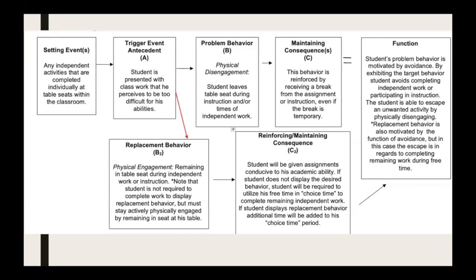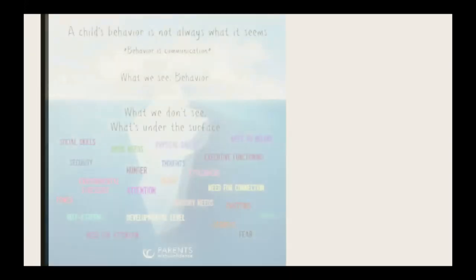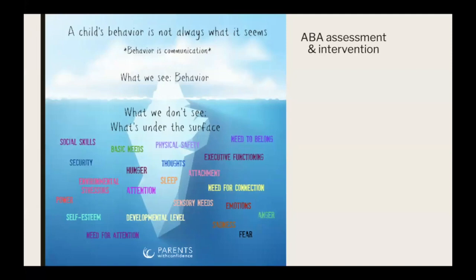That's a behavior we're working on. And then the reinforcement will be that we'll provide assistance and we'll provide work on the student's level. We'll allow them to have some great choices during choice time later if the student stays in the seat. More on that as you get into part two.